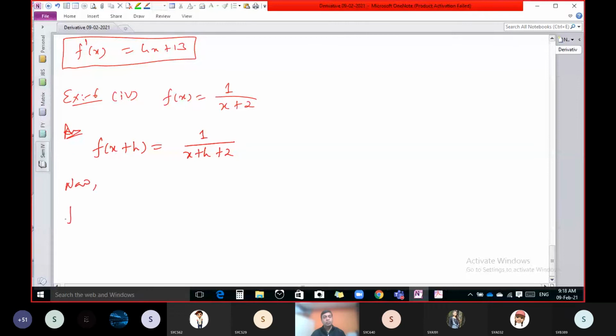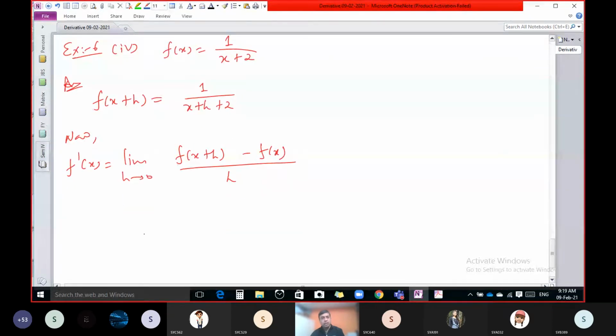Now formula, f dash x equal to limit h tends to 0, f of x plus h minus f of x upon h. Put all values. Limit h tends to 0, 1 upon x plus h plus 2 minus 1 upon x plus 2, upon h.